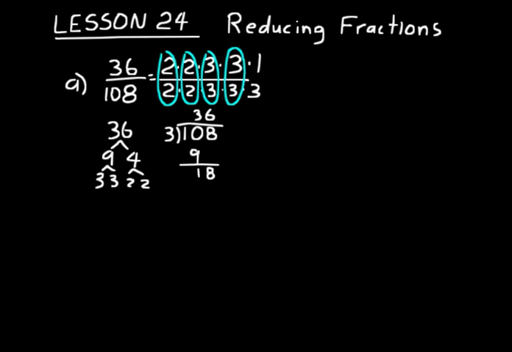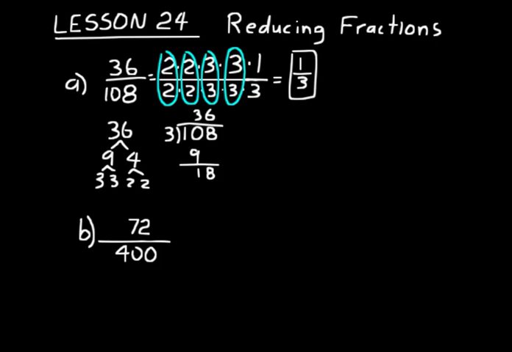Let's just put a 1 here because a 1 won't change anything. Basically what we're saying then is 1 times 1 times 1 times 1 times 1 over 3, which equals 1/3. That would be the reduced form of 36 over 108. So we used prime factorization to figure that out.